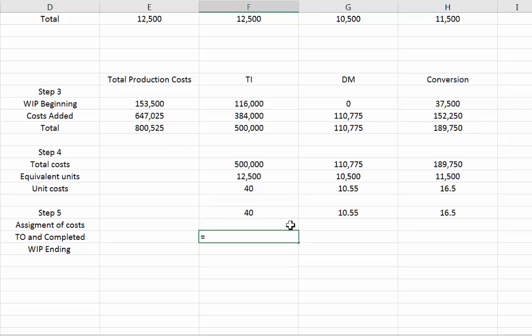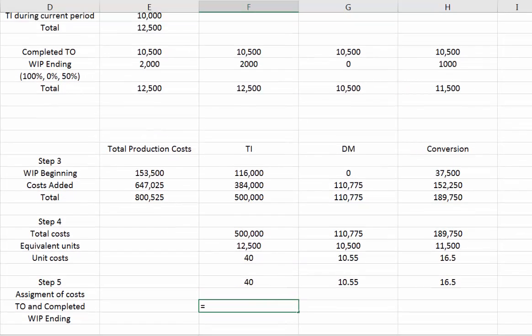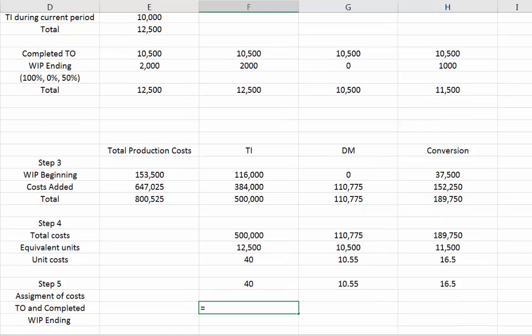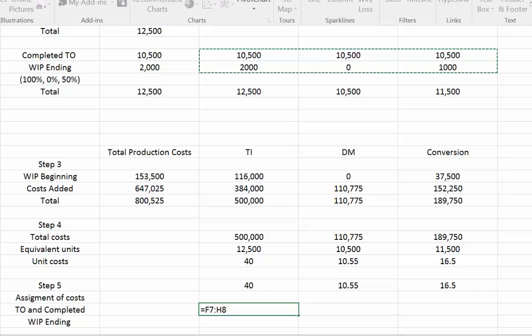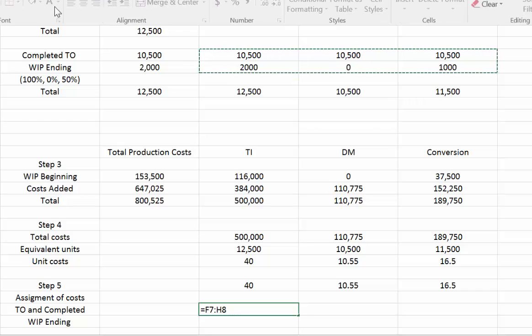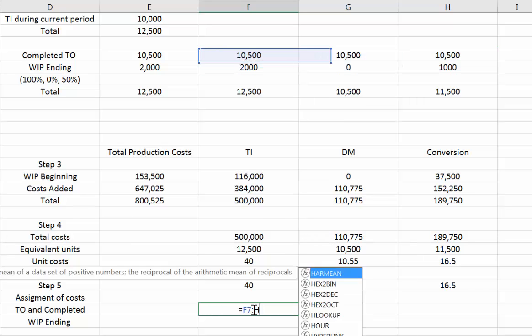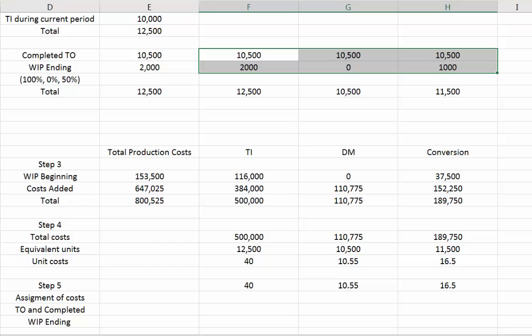Okay, let's multiply the unit cost by the number of equivalent units. So keep one thing in mind, we probably have to go back to the step 1, because the step 1 and the step 2 give you all the details regarding the number of equivalent units right here. Okay, so you're going to actually use all these numbers. I'm going to highlight these numbers. Let me basically just highlight these numbers.